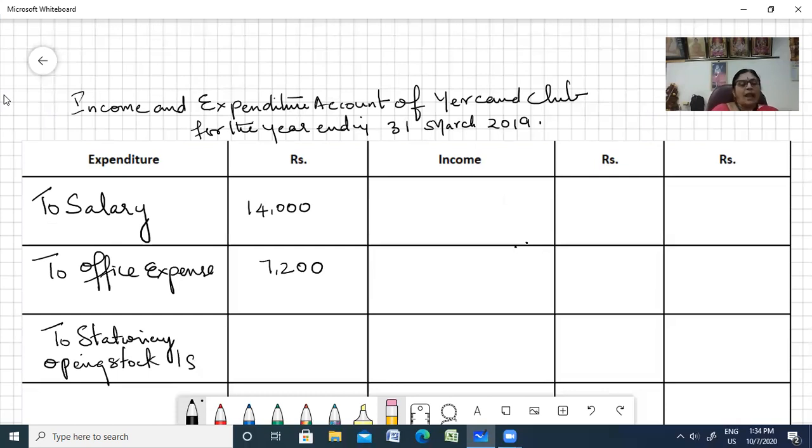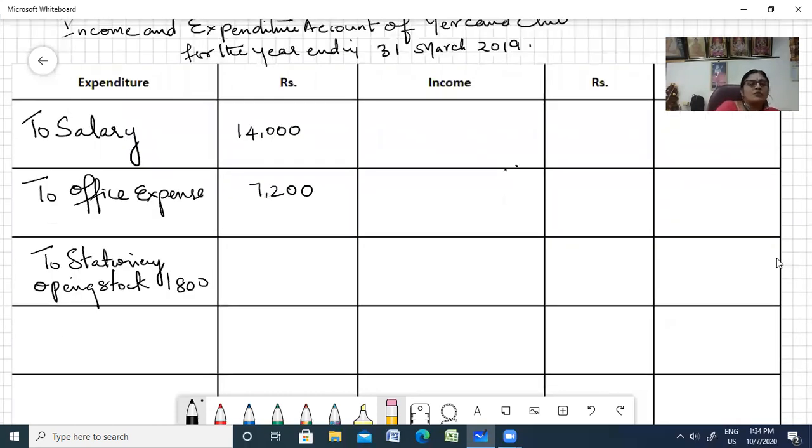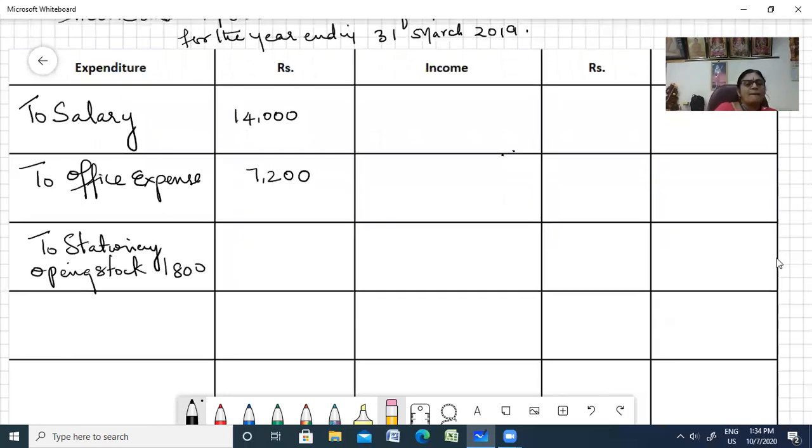Add purchase, whatever you have purchased in between, 1,200. So totally you have 3,000. They have given you the closing stock also. Closing stock was 2,000. So that comes to 1,000 rupees.